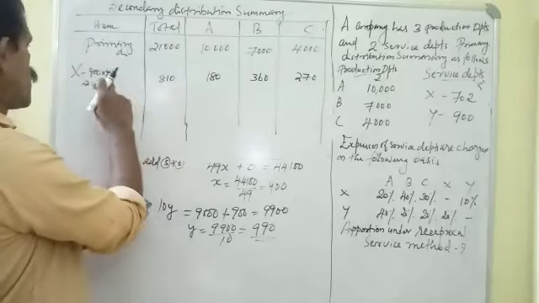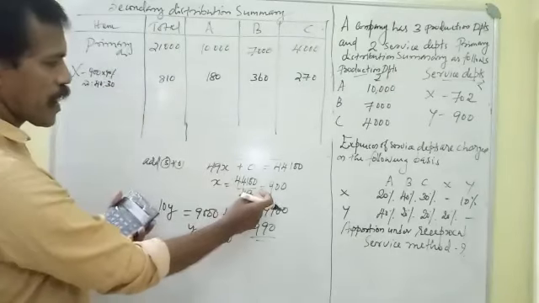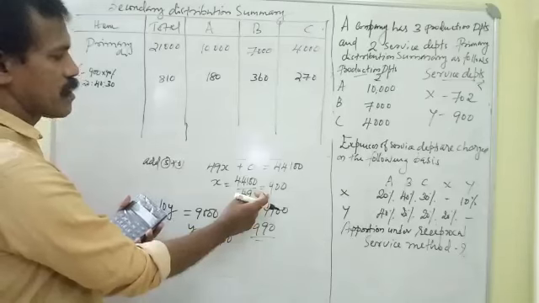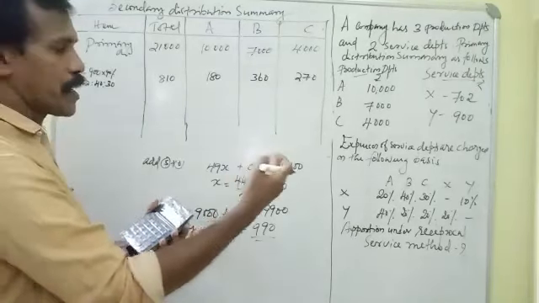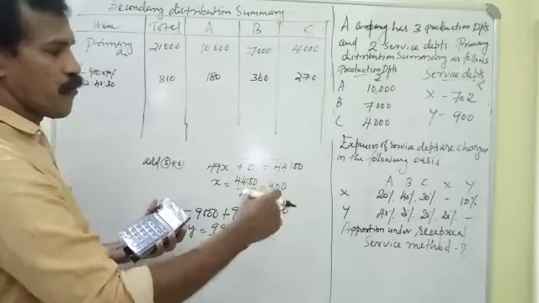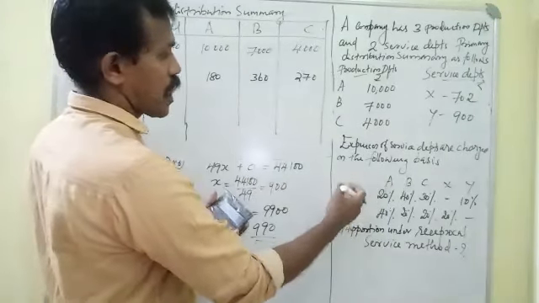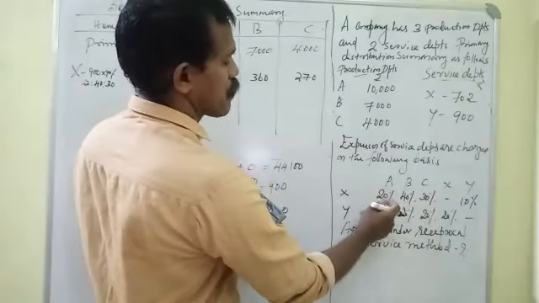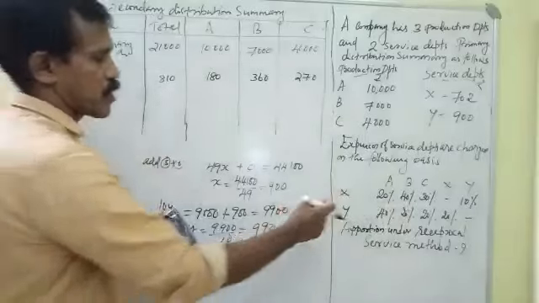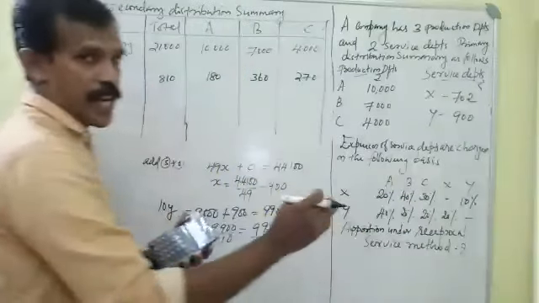I repeat it. The total overhead of X is equal to, we already calculated 900, but we know that in that 900, 10% is already distributed to the overhead of Y. So the portion available for A, B and C, 20%, 40%, 30%, that comes to 90%. 20 plus 40 plus 30, that is equal to 90.